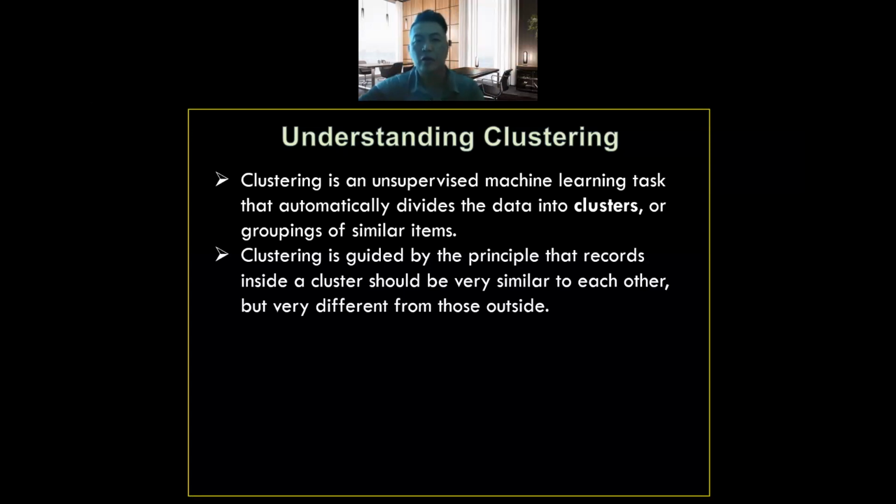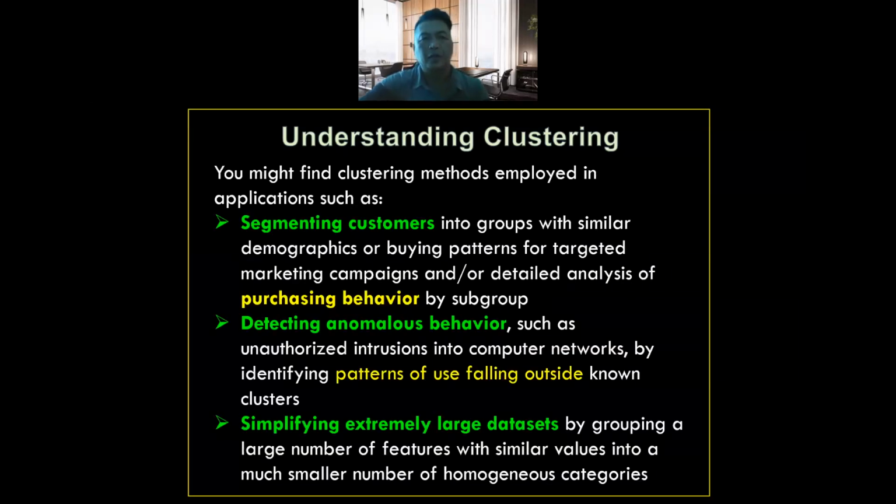But if they are not similar, your cluster will be a bit loose. Okay, and those having different values or different characteristics will be clustered in a different cluster group. So this machine learning method is used for segmenting customers, detecting anomalies, and also simplifying extremely large data sets.